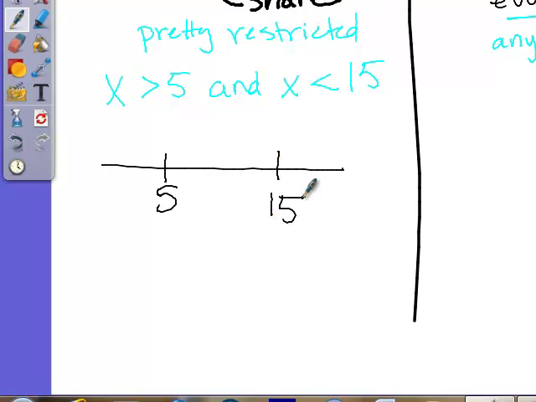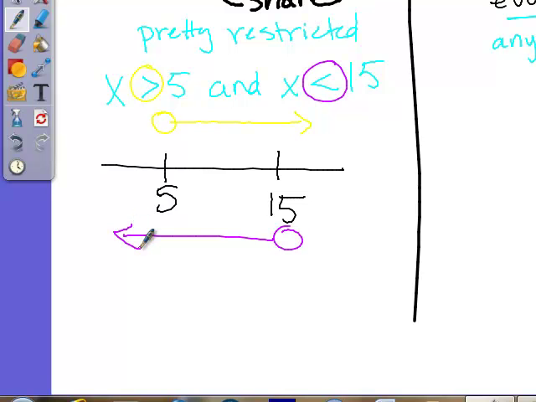I have to make those two concepts come together and figure out what's being shared. So from the 5, we know we've got an open circle, greater than takes us to the right. From the 15, we've got an open circle, the less than takes us to the left.